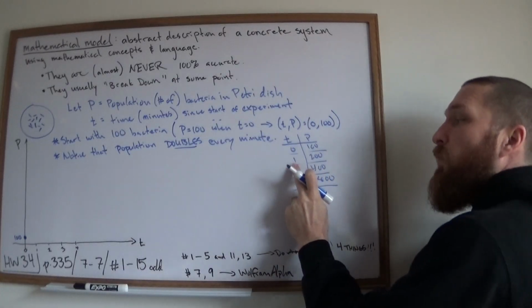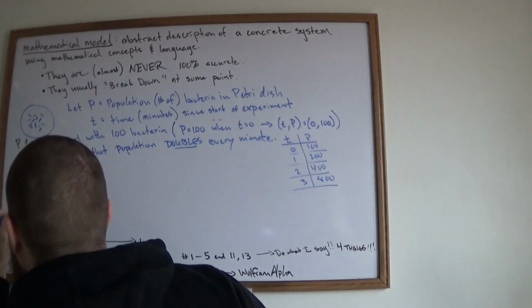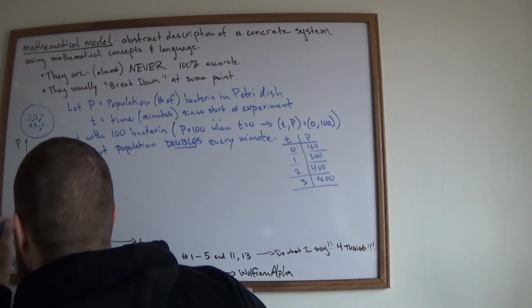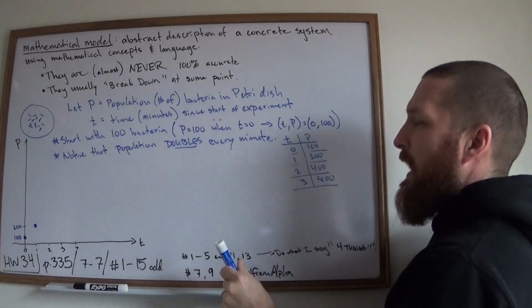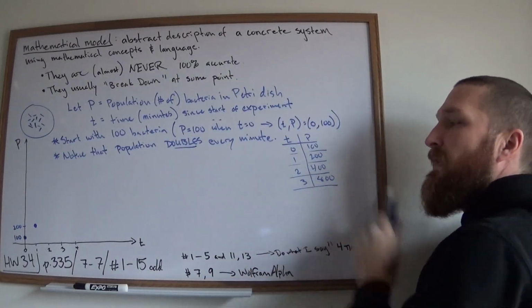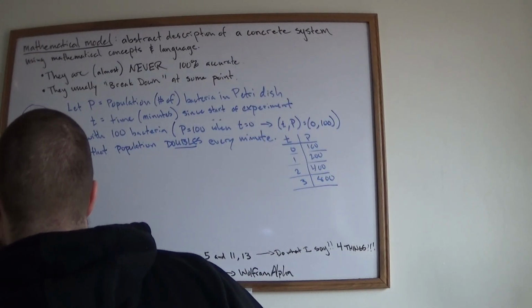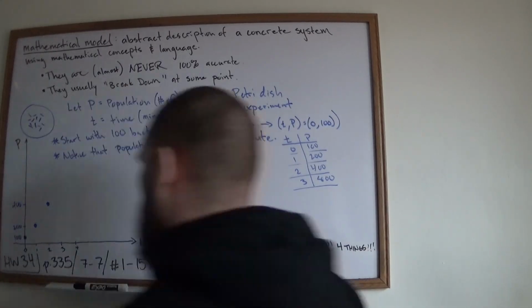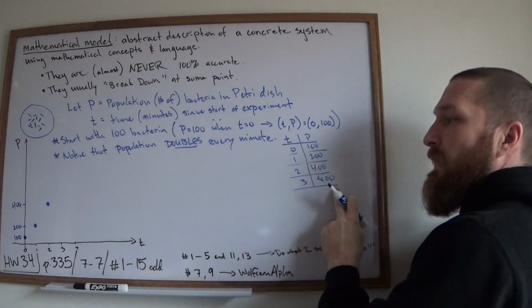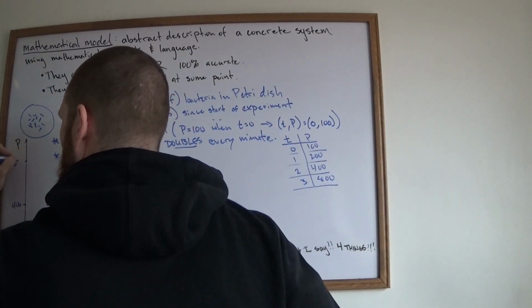When t was 1, P was 200. So here's 200 right there. Now, when t was 2, P was 400, so I'm going to take my 2 and go up here to 4, like that. When t was 3, it was 800, so it's double that amount right there.